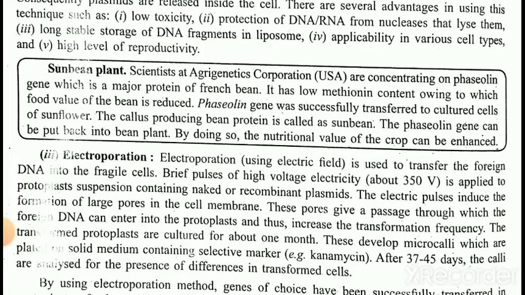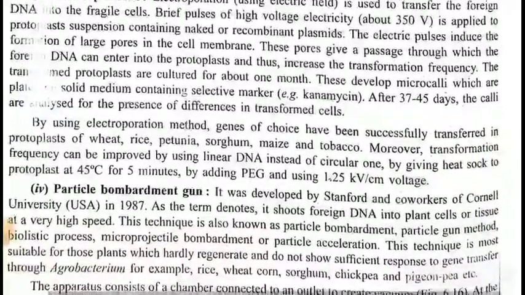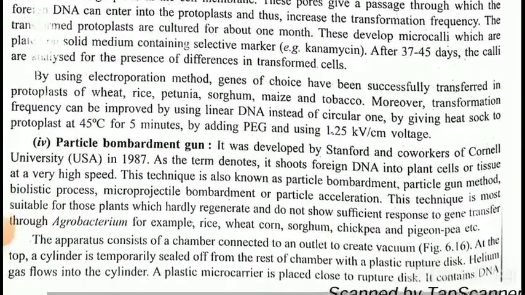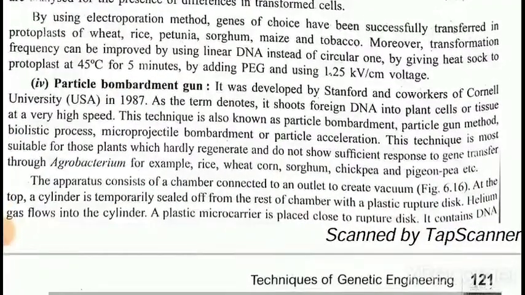These pores give a passage through which the foreign DNA can enter into the protoplasts and thus increase the transformation frequency. The transformed protoplasts are cultured for about 1 month. These develop microcalli on solid medium containing a selective marker, e.g. kanamycin. After 37 to 45 days, the calli are analyzed for the presence of differences in transformed cells.